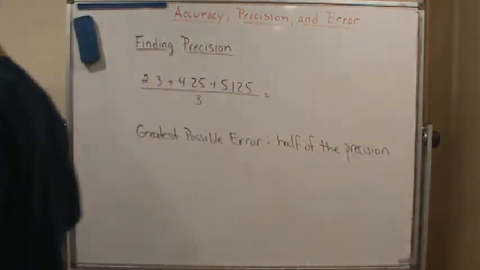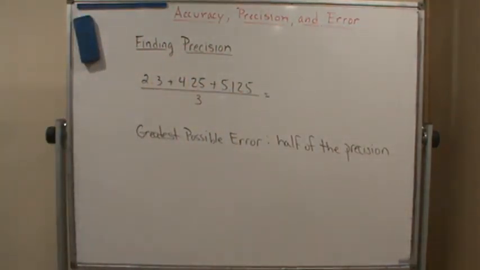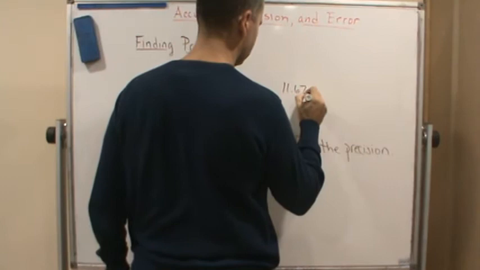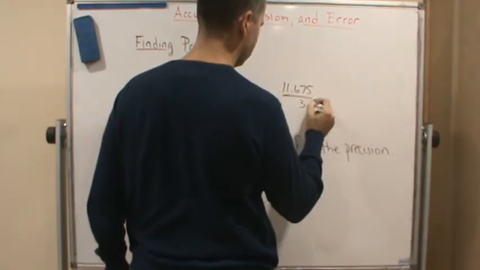So in this case, if you stick that in your calculator and take the average, it goes out a certain number of decimal places, okay? So if we do that, we get this.